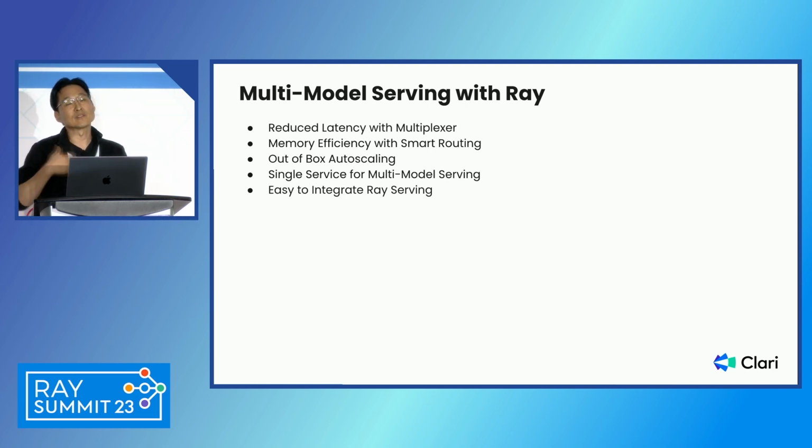These native solutions or auto solutions could provide maybe a better performance by tuning or adding additional engineering resources to it. But Ray just worked out of the box. Also, we could use a single service to serve all these models, while each of the models is having its own life cycle.